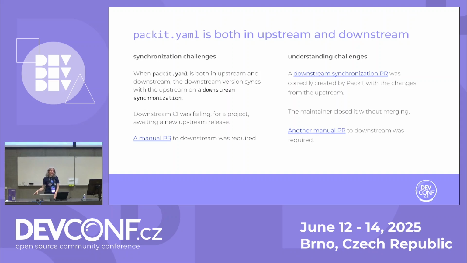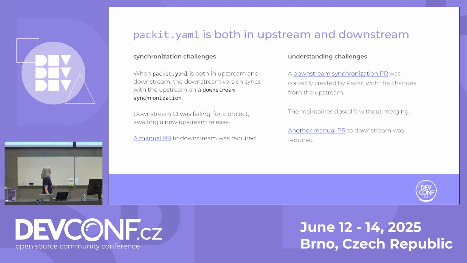Packit created the pull request in downstream, and Packit also updated the downstream configuration file, but probably the final user didn't understand why there were changes in the downstream file, and not only changes in the spec file and the sources for that release. So they closed the downstream pull request, created the release manually, and we had to create another pull request to adjust Packit in the downstream.